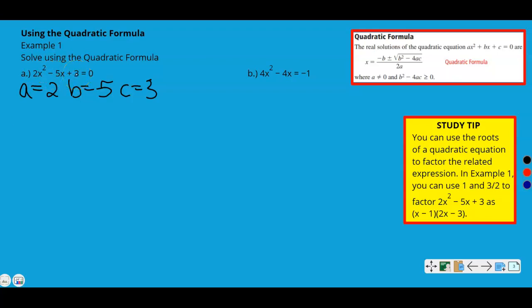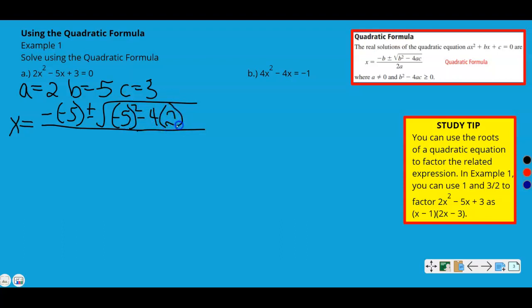All right, so we have now just to fill into the quadratic formula. So we're going to have negative b, so negative 5 plus or minus the square root of b squared minus 4 times a times c all over 2a.